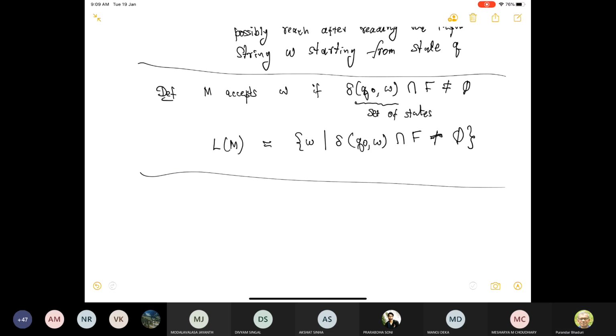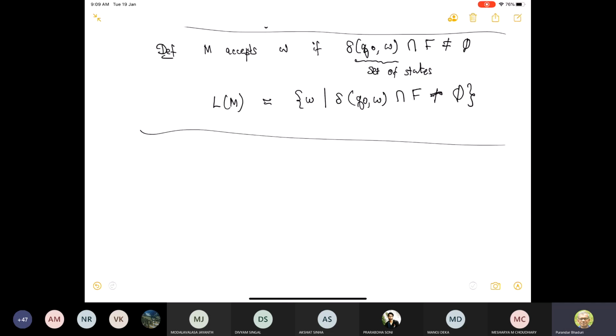So the next obvious question is, does the notion of non-determinism give us anything extra?